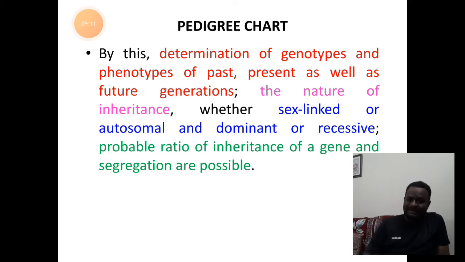So, by this pedigree chart and pedigree analysis, we can determine the kind of genotype and phenotype of the past, present as well as future generations. Not only that, we can even analyze the nature of inheritance of this character, like whether it is sex-linked or autosomal, whether it is dominant or recessive, and the probable ratio of that particular gene in the past, present and future generations.